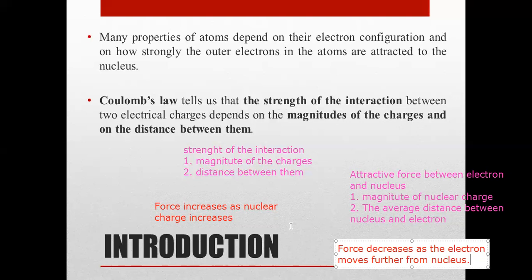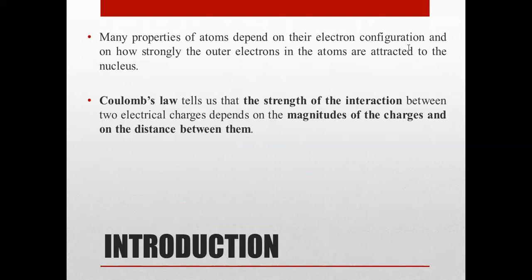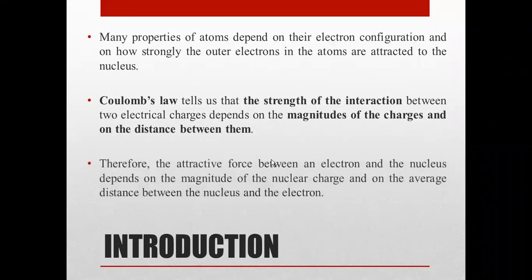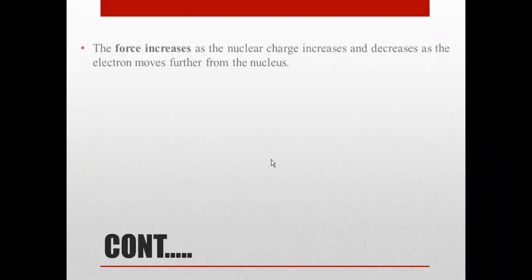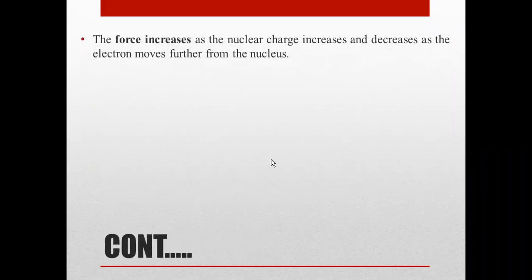Finally, the force increases as the nuclear charge increases, and if the electron moves further from the nucleus, the force will be lower, right? So we will clear all of this.